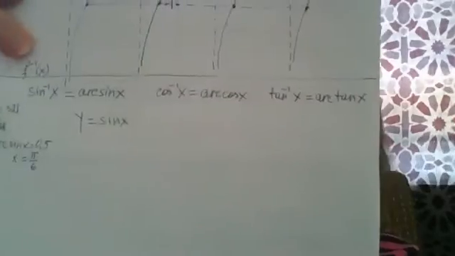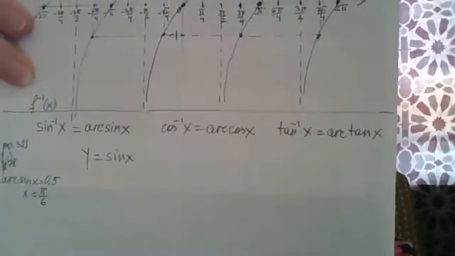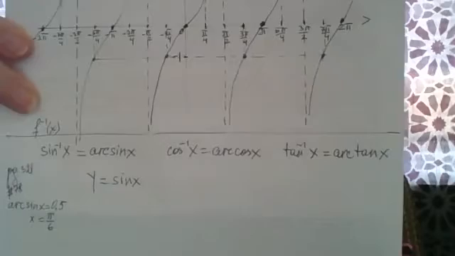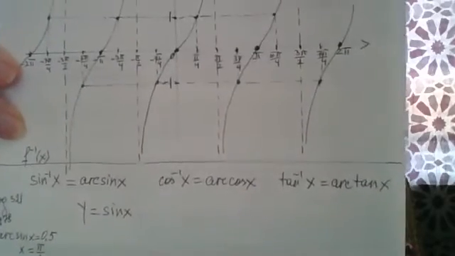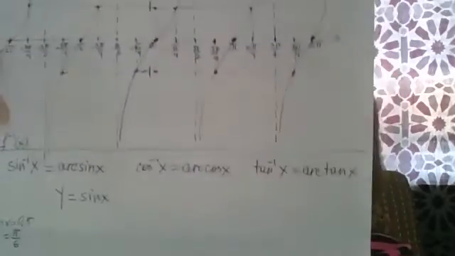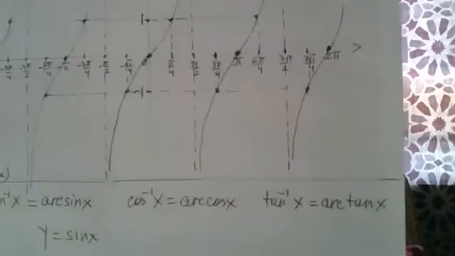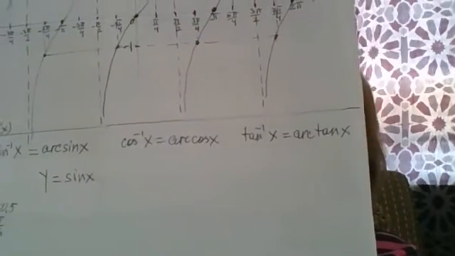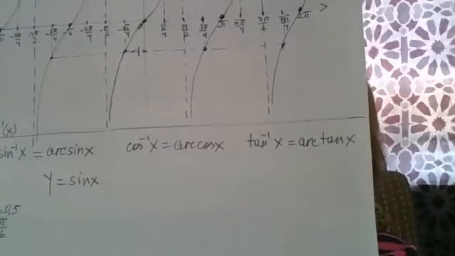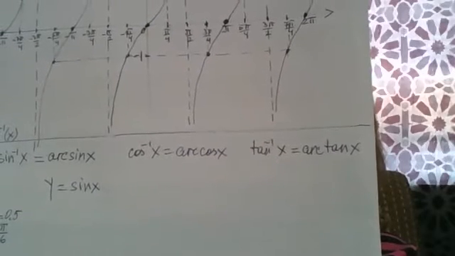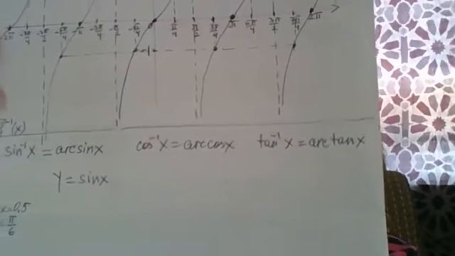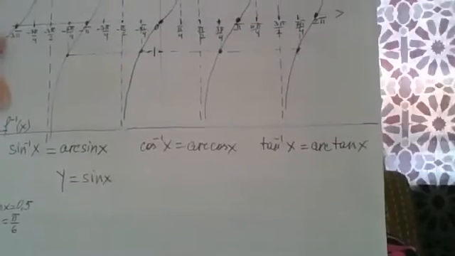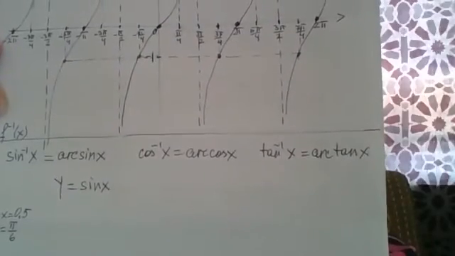Here, y equals sine x. X is playing the role of what kind of variable? Is it the independent variable? Is it representing a number or an angle? X is a number or an angle? Angle. So x is the angle.